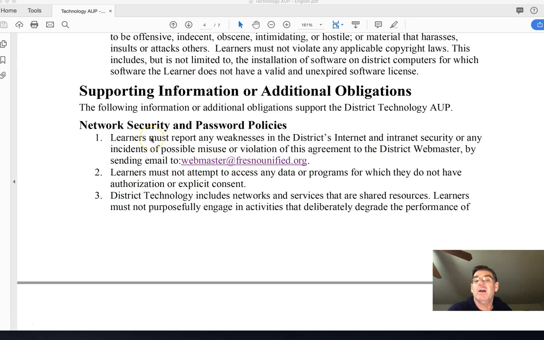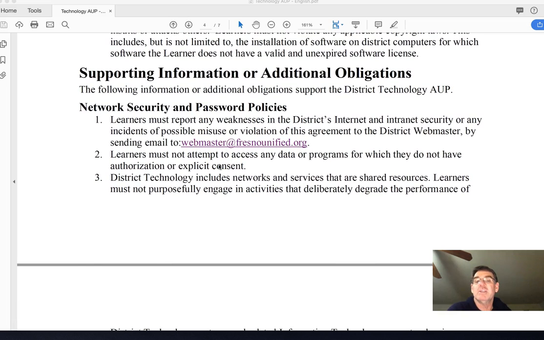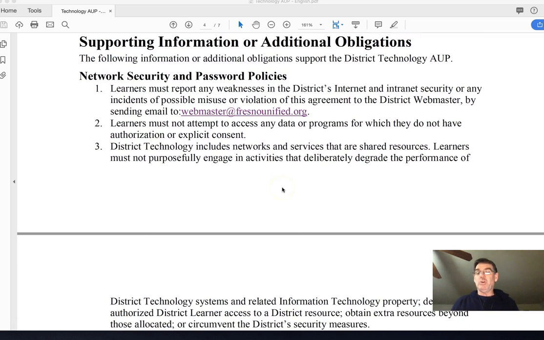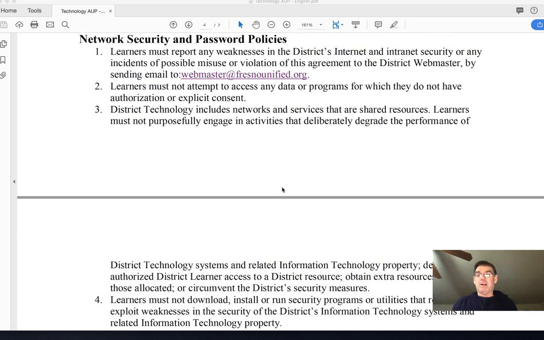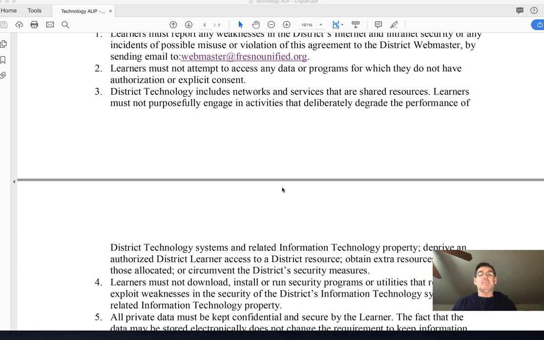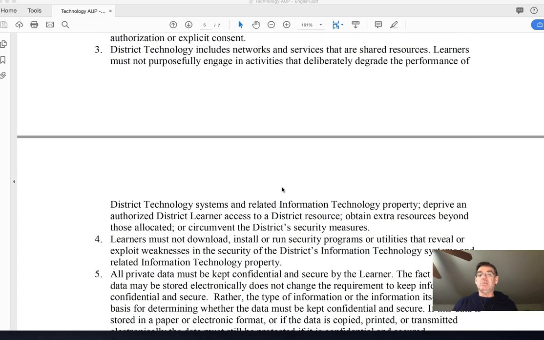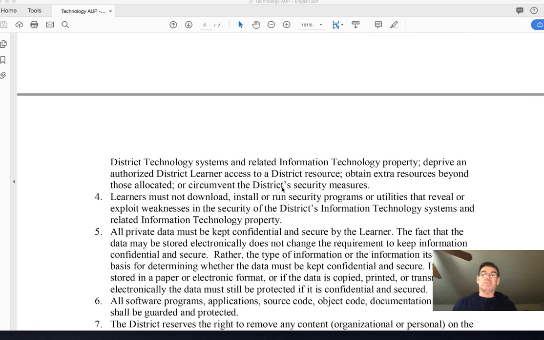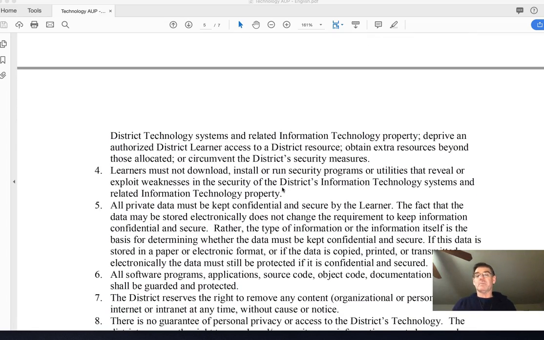In terms of supporting information or additional obligations, your network security and password policies, you need to keep those safe. You need to keep them away from others, and those are considered to be your private property. And you're not to seek to find out others or let others seek out yours.